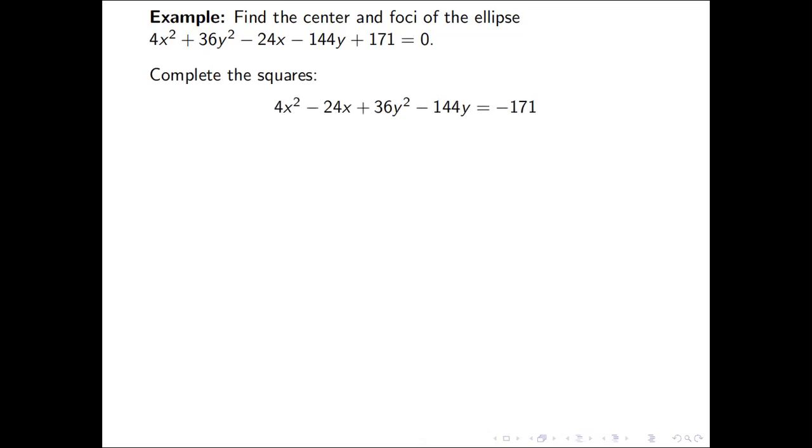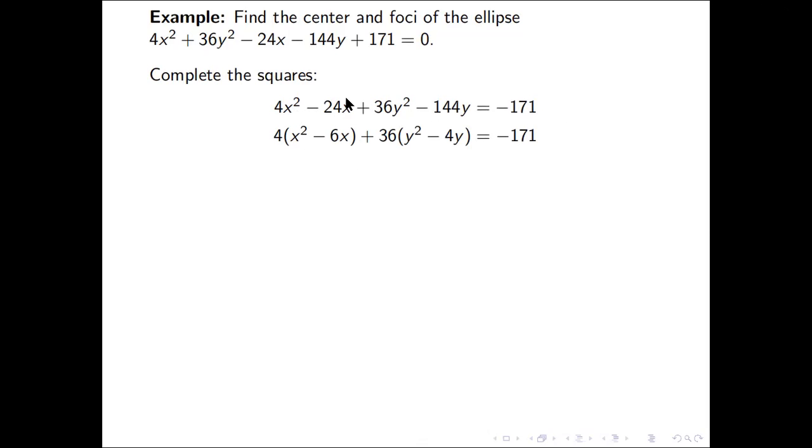So of course, we complete the squares. So we transpose first the constant to the other side, and then we get this equation and factor out the coefficients of x squared and y squared. So for x squared, we factor out 4. So we'll have x squared minus 6x.